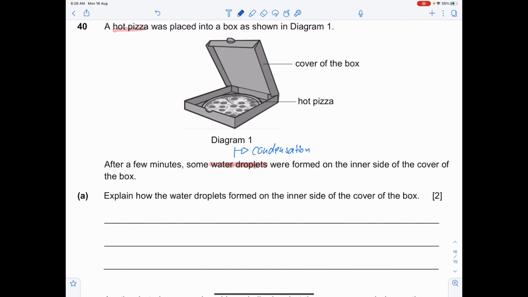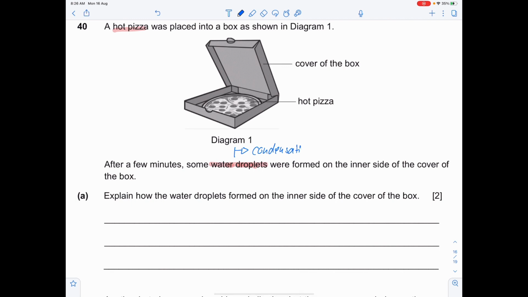This is actually part 2. Why part 2? Because before even there's part 2, there is actually part 1. Because in order for this whole thing to even happen, your water vapor needs to be formed. Then where is your water vapor? Your water vapor comes from where? Okay? So basically you need to answer.